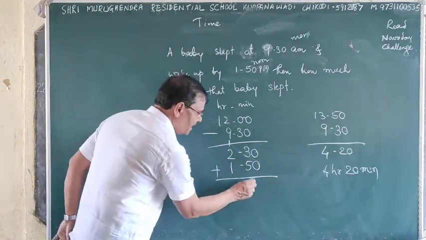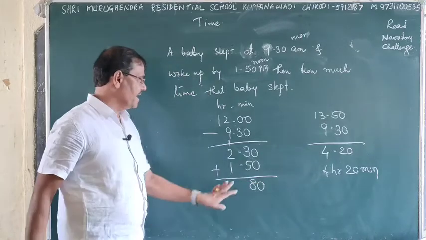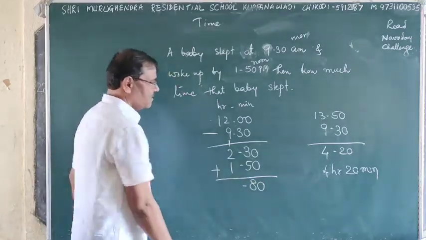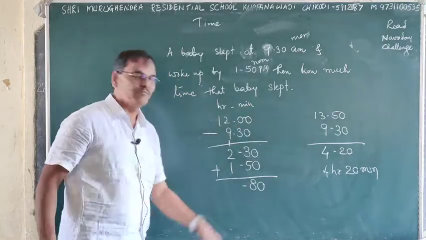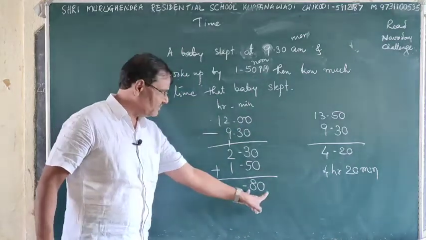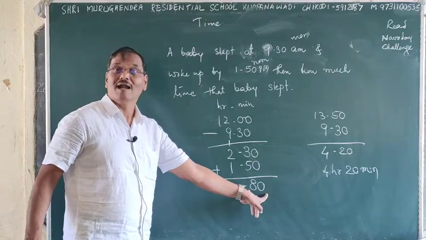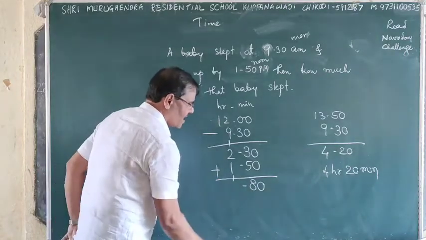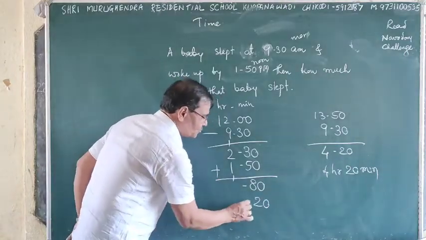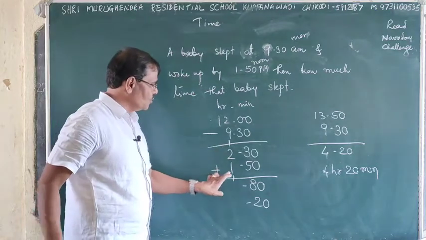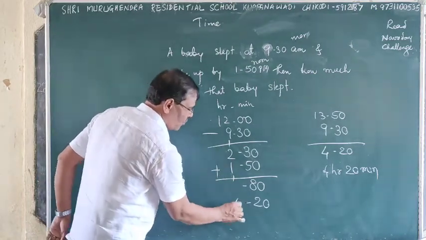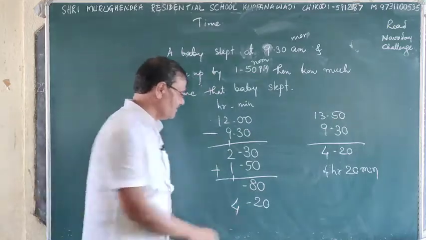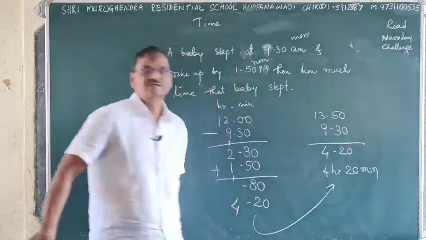This is 80, but we can't write 80 in minutes. So 60 minutes make 1 hour. So we give 1, and what remains is 20. 1, 2, 3, these 2 and these 2, 4. Means the baby slept 4 hours 20 minutes.